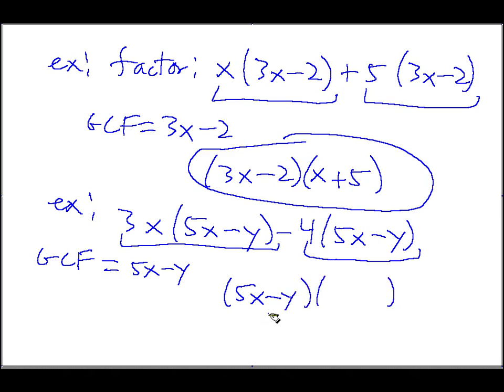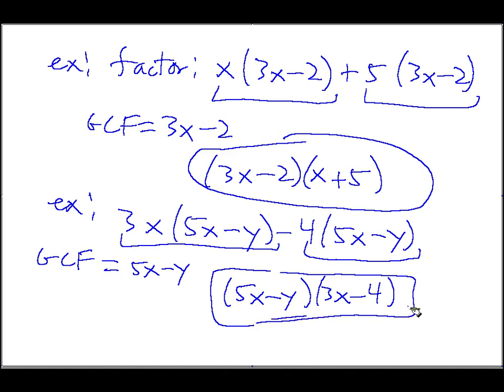Well, times what will give me back the first expression? 3x. Okay? Times what will give me back the second expression? Well, times a negative 4 or minus 4. Okay? So again, hopefully these problems aren't too difficult for us here. We can see the GCF without too much trouble here.